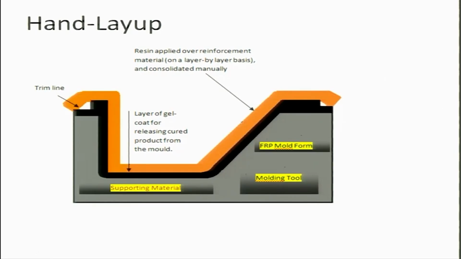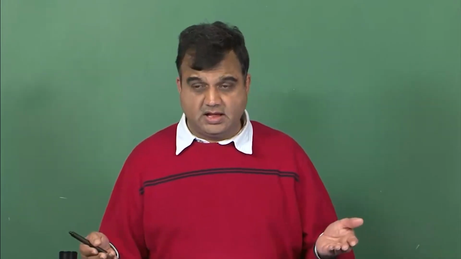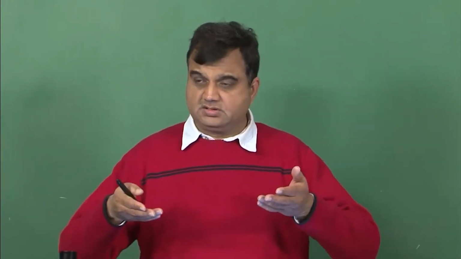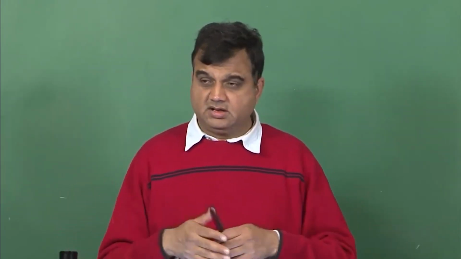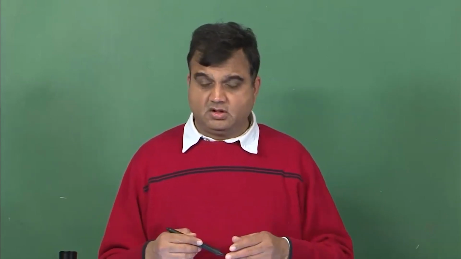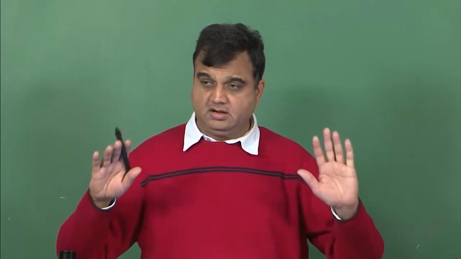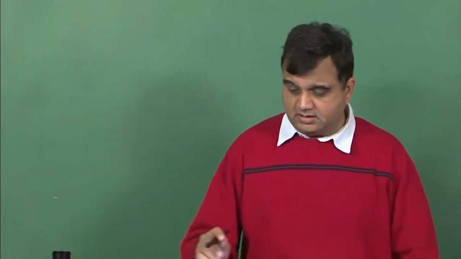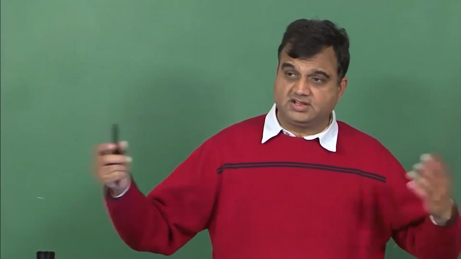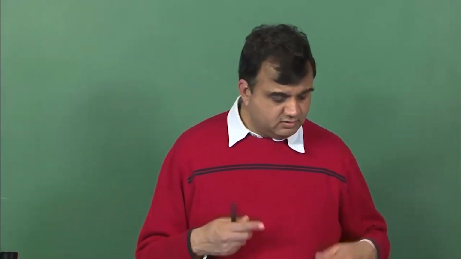So once you have built up the whole thing, the resin when you are applying it already has the hardener mixed into it, but you do it at a temperature that the curing rate is very small, it is not high enough. And then once the whole thing is done, you either apply some heat or you let it remain in that position and slowly the thing becomes hard. Once the whole thing has hardened, then you take out this orange portion and that is your final product.